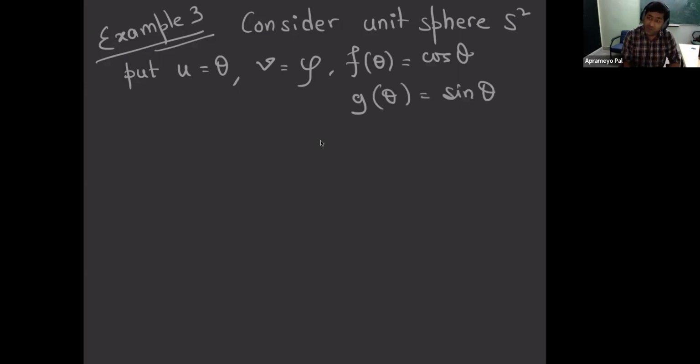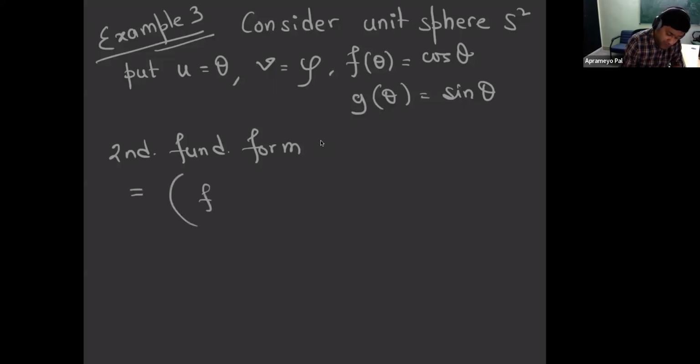If you put this, then the second fundamental form from the surface of revolution, what did we compute? This was f dot g double dot minus f double dot g dot, du square, plus f g dot dv square.